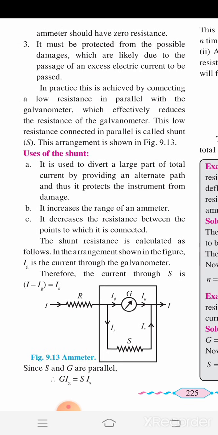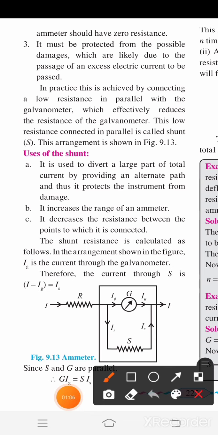In the arrangement shown in figure 9.13, Ig is the current through the galvanometer, means the current flowing through the galvanometer is considered as Ig. G is the resistance of the galvanometer. Is is the current flowing through the shunt. S is the resistance of the shunt, and I is the current flowing through the circuit.